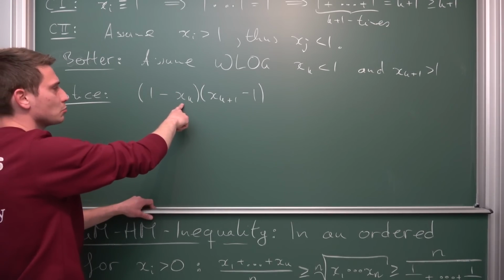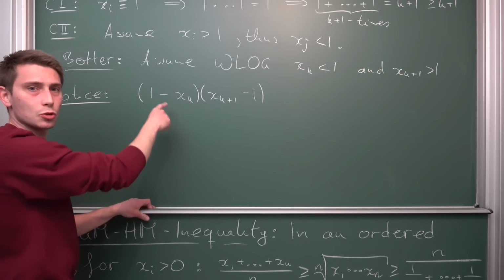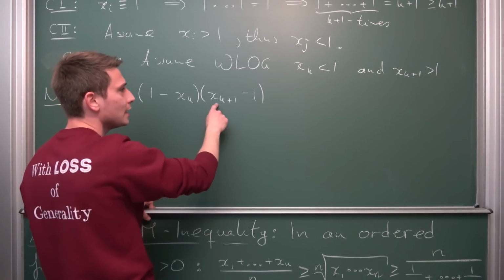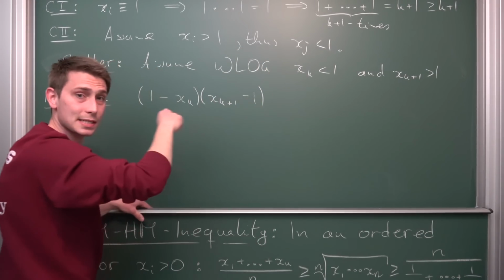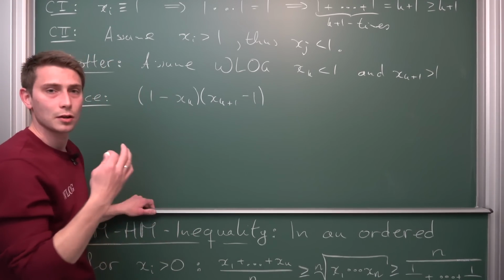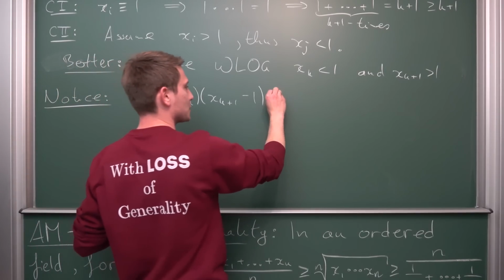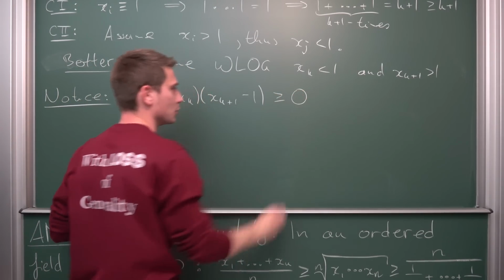Okay, 1 minus xk is going to be greater than 0. Then 1 minus 1/2 is going to be 1/2. It's positive. Since our xk plus 1 is by assumption strictly greater than 1, we have, for example, 1.5 minus 1 is 0.5 once again. Positive multiplied with positive is positive yet again, so this right here is greater or equal to 0.